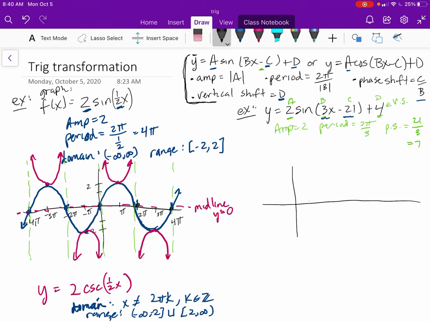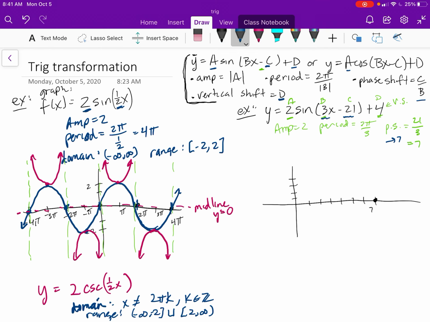And let's go right 7. Now I put a dot, I may end up erasing it. This kind of just gets me going. So there's 7 because I had a phase shift of 7. So this whole graph got shifted to the right 7. Now we also went up 4.